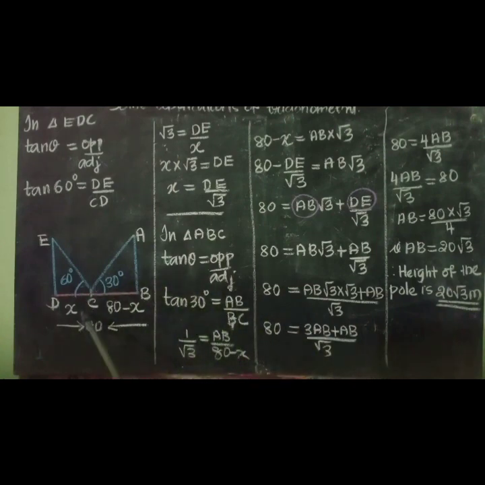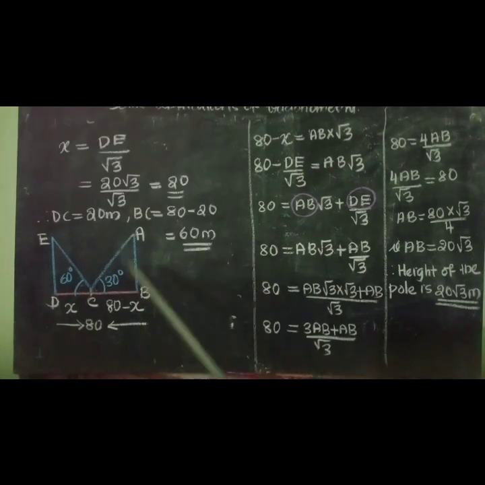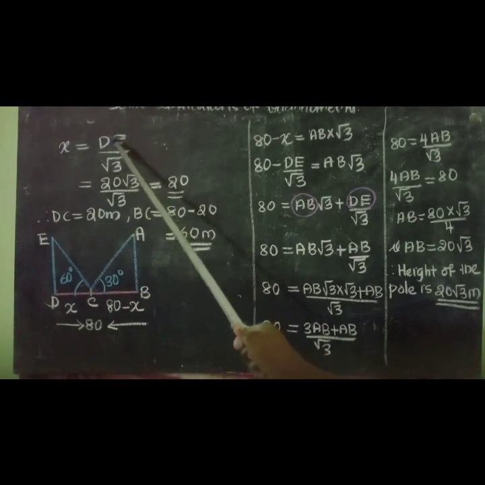There is one more question, find the distances. That means we need to find out what is DC and what is BC. DC is x. BC is 80 minus x. Here we know what x is. X equal to DE by root 3. DE is the height of the pole. We proved height of the pole is 20 root 3 meter.